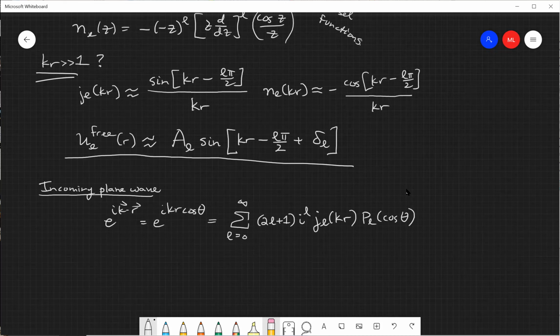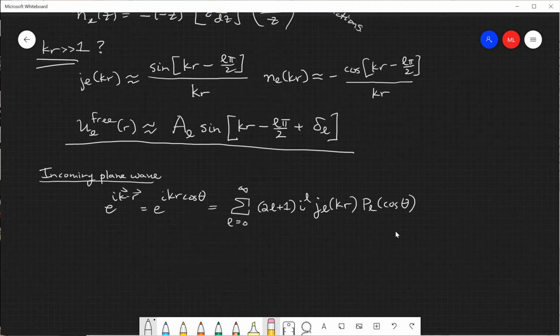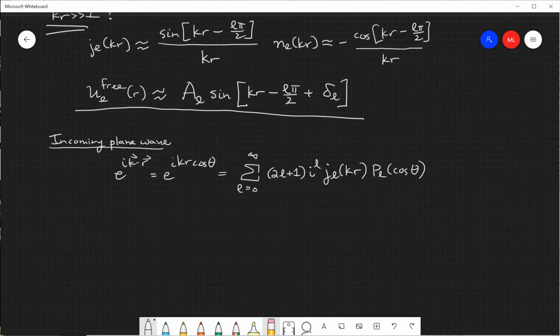And so, well, now we can see what happens at large R again. For KR much, much bigger than 1, we know how the spherical Bessel J's behave.